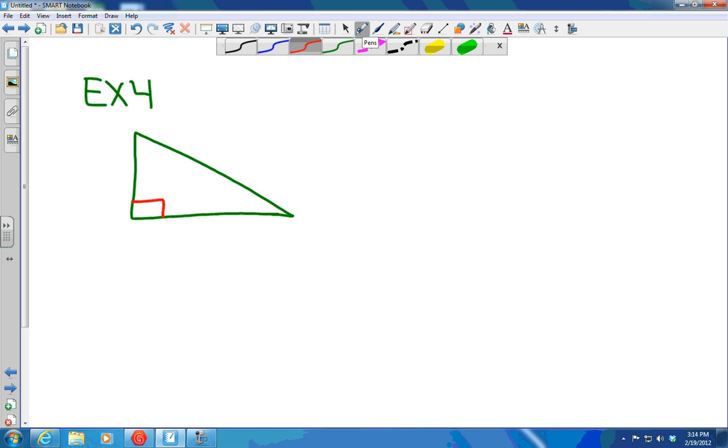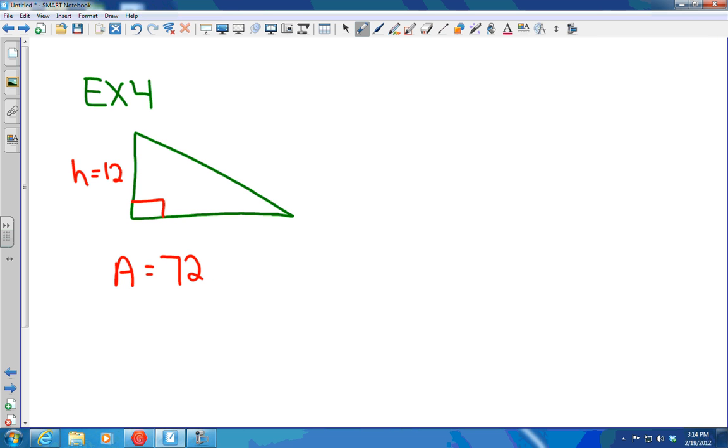Let's say the height is 12, and we have the area, 72 inches squared, but we don't have the base. So we have the area, we have the height, we need the base. And so let's write our formula for the area of a triangle. That's how we're going to start all these, right? The formula.